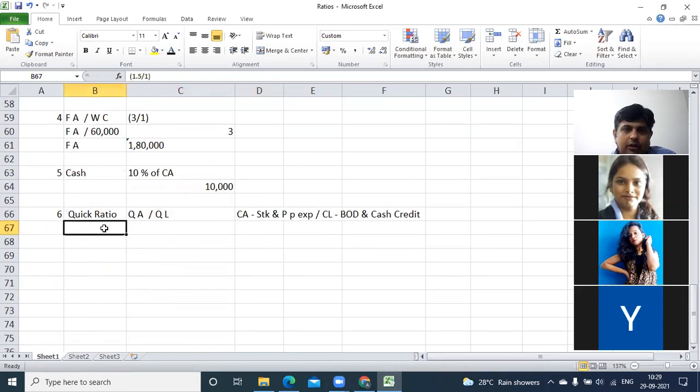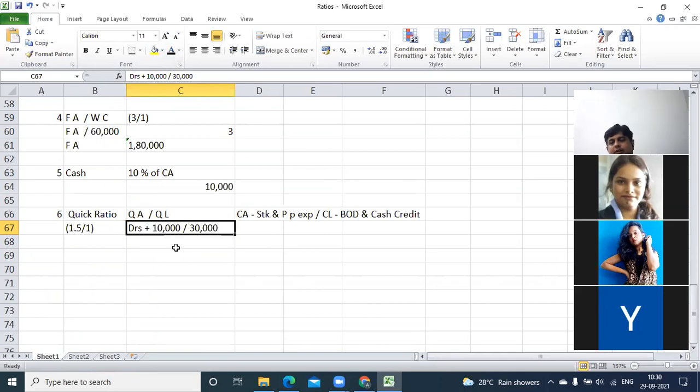Yes, sir. Accordingly, you will write that value: 1.5 is to debtors plus 10,000 divided by 30,000. Stock we have excluded. So what is the value of debtors then? Cross multiply होगा.